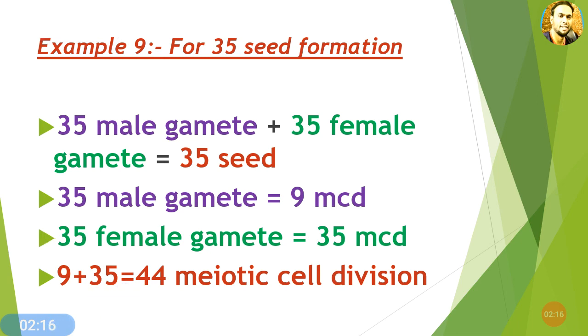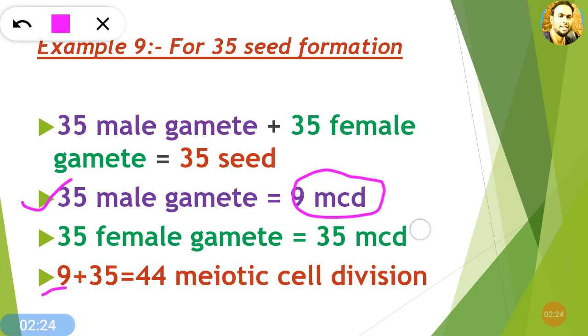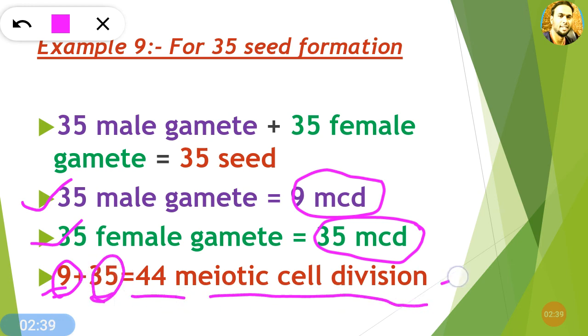So likewise, 9 meiotic cell divisions for the 35 male gametes, that's why 9 is here, and 35 meiotic cell divisions for the 35 female gametes, that's why 35 is there. So likewise, 9 plus 35 is equal to 44 meiotic cell divisions needed for the formation of these 35 seeds. Thank you.